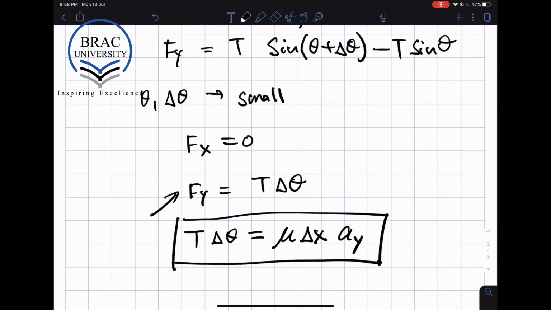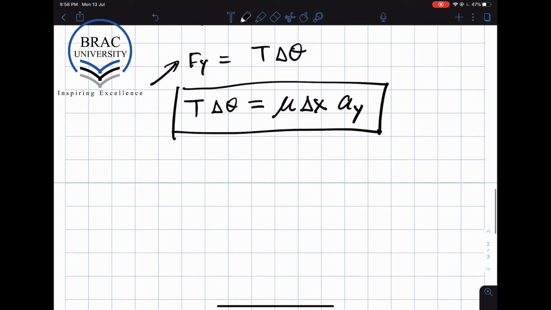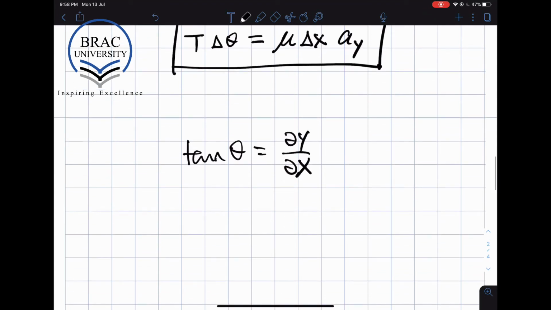We want to turn this into a differential equation. So let's go back to our diagram. Looking at how the angle theta relates to how y varies with respect to x, we have that tan theta is given by dy/dx. Now we can take the derivative of this equation with respect to x.